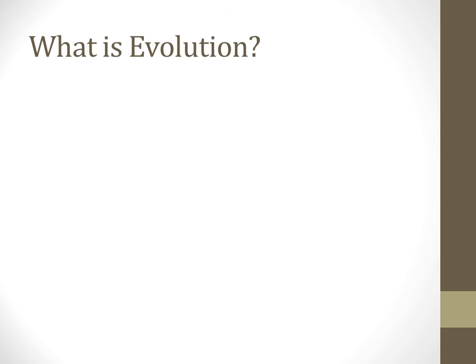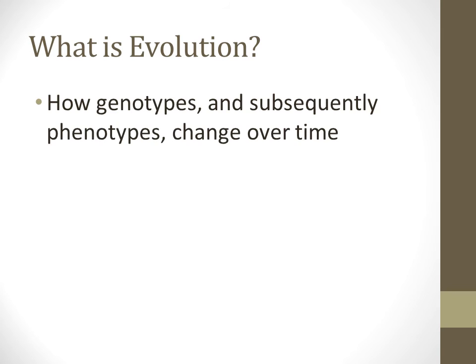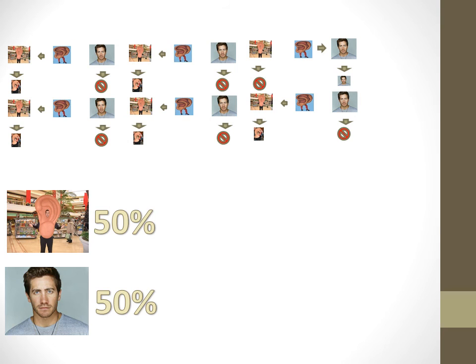Okay, so now that we're done talking about natural selection, it's time to talk about the concept of evolution. Evolution is simply the change of genotypes over time in a given sample or population. To better visualize this, you can see in this diagram our familiar table with the Earman sample and Jake Gyllenhaal sample.